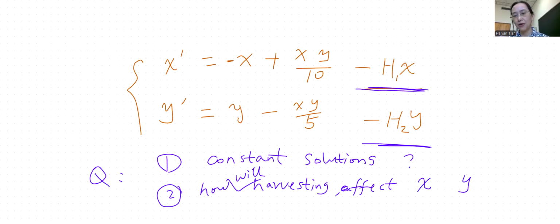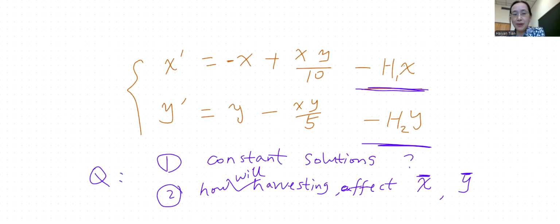We can use X bar or average predator or prey populations. Okay, so these are the questions for you to think about.